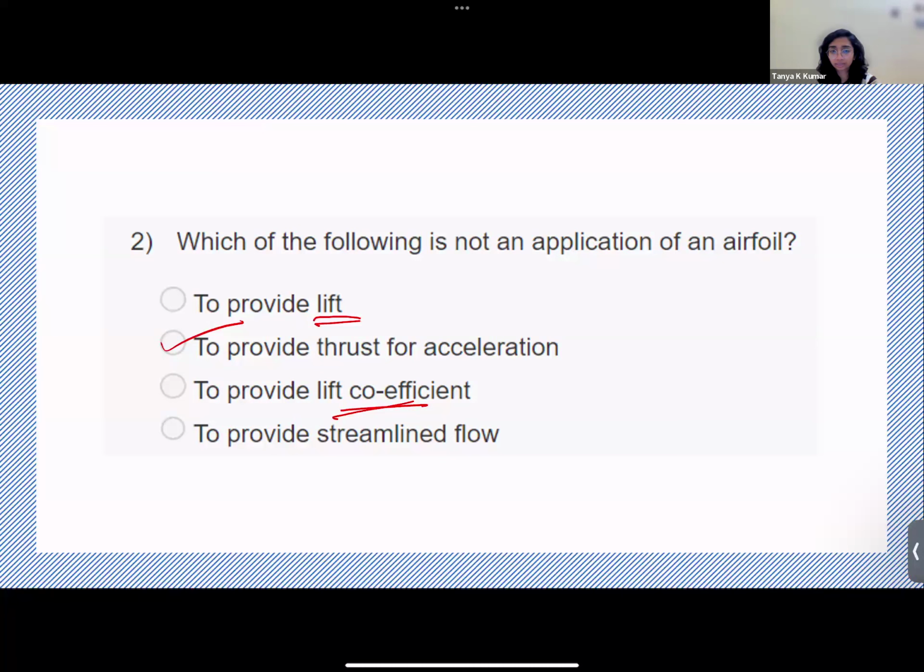I don't need the actual definition, something for us to understand. Movement is in the same direction. Yes, so the flow lines are parallel to each other, right? So there is no turbulence, no disturbance, no interaction of the flow lines. So the airfoil does provide a streamlined flow. The only thing it doesn't provide is thrust for acceleration. That is the right answer.